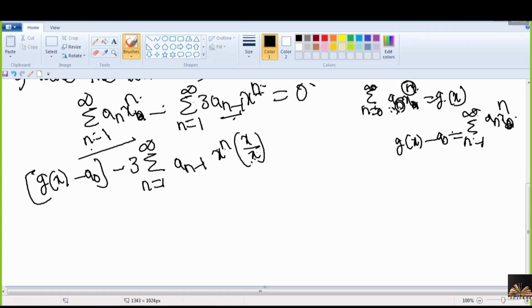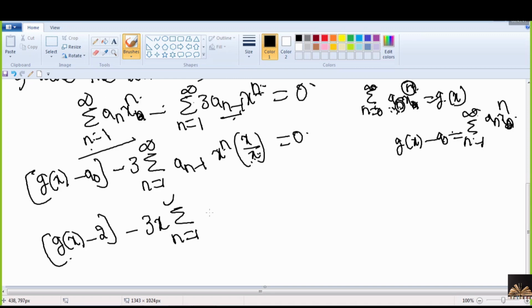If you multiply and divide with x, there is no change. Instead of a0, I can write a2, and 3 into, you can take this x outside, 3x into summation of n equal to 1 to infinity a n minus 1 into x power n by x. X power n by x will become x power n minus 1. Now the suffix and the power are same.